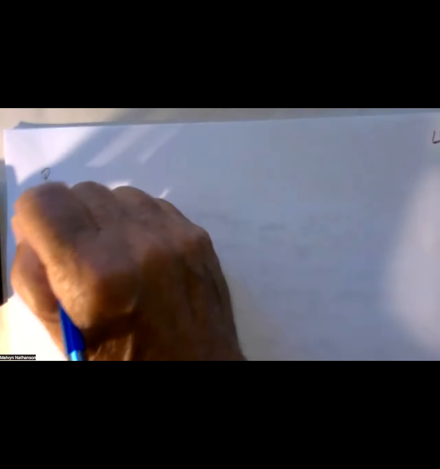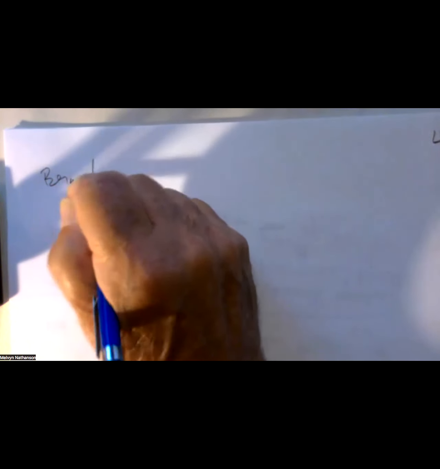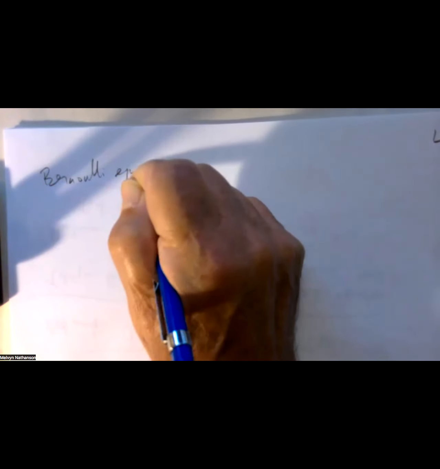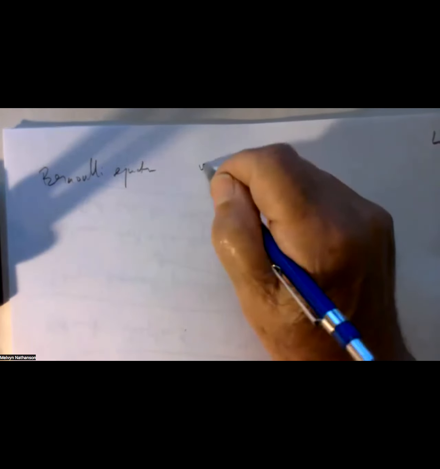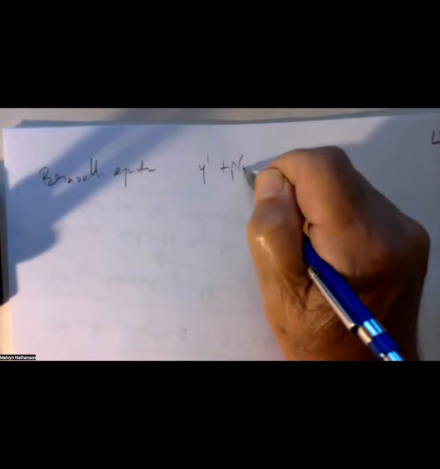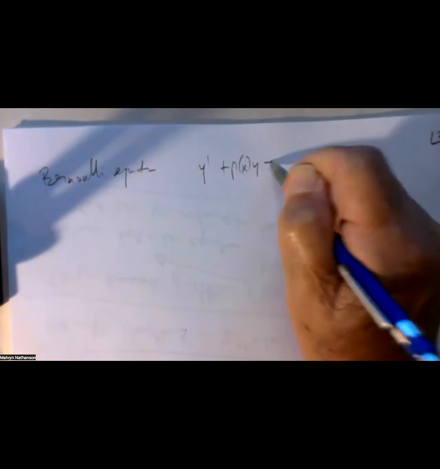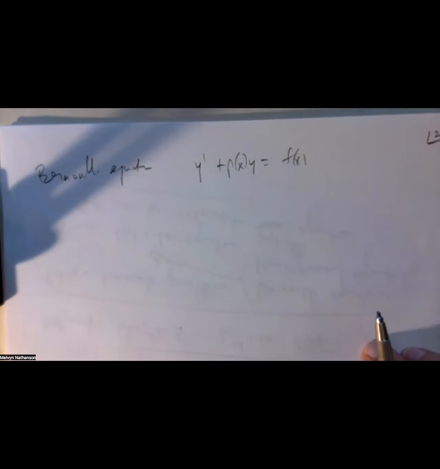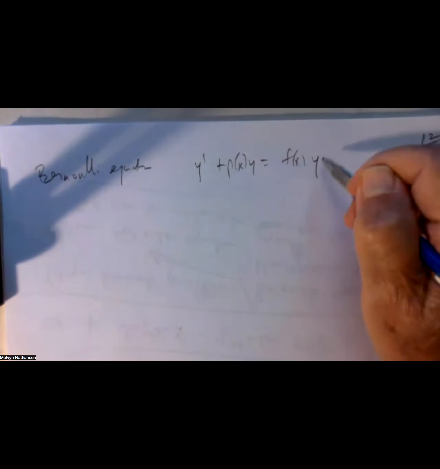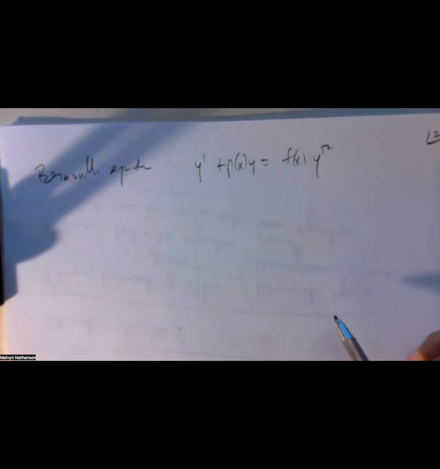So a Bernoulli equation is a first order equation of the following form: y prime plus p of x y. Now, if this were equal to f of x, this would be linear, but it's f of x times some power of y.